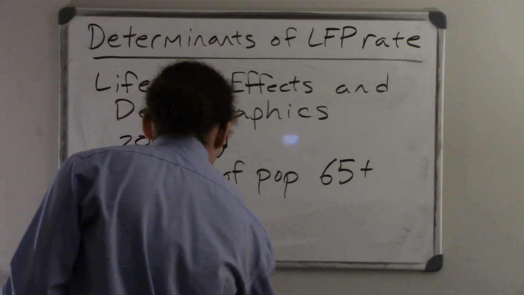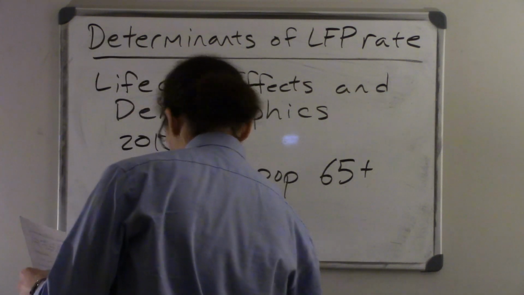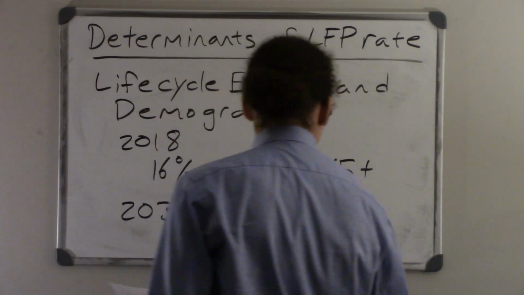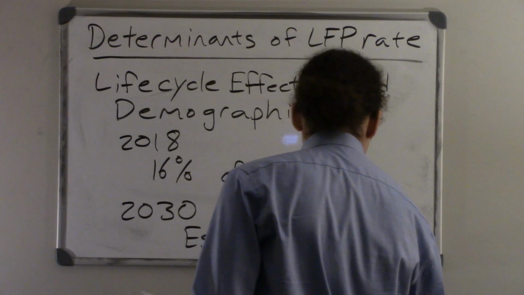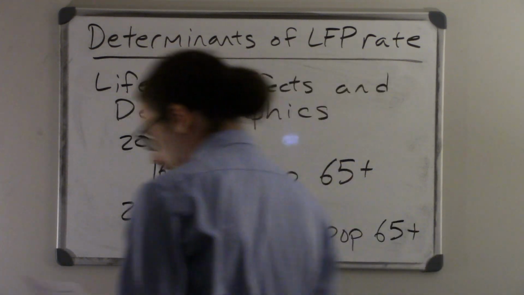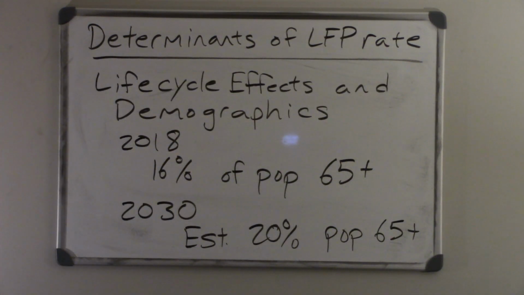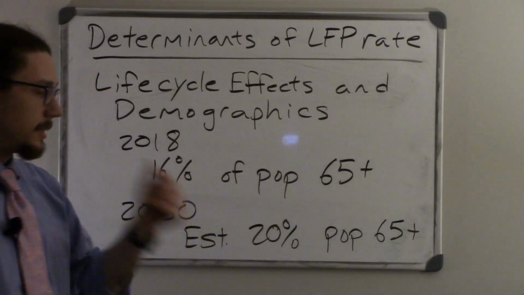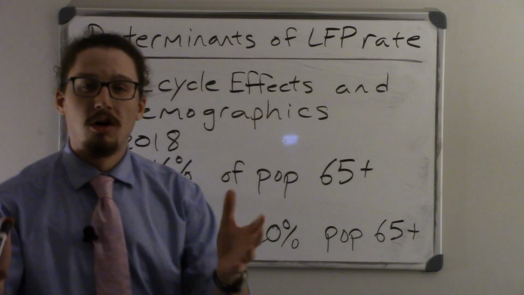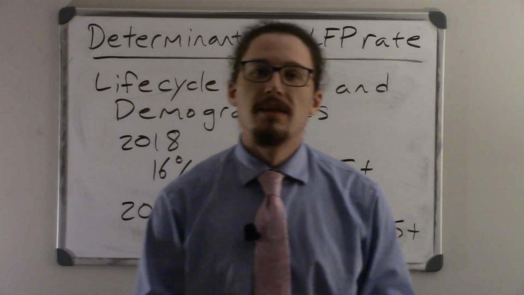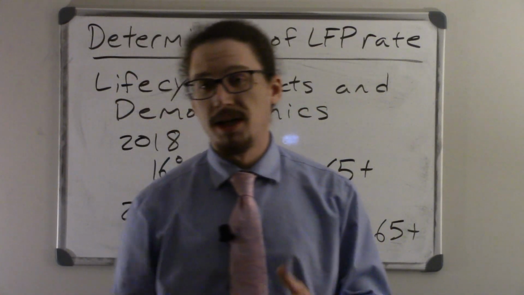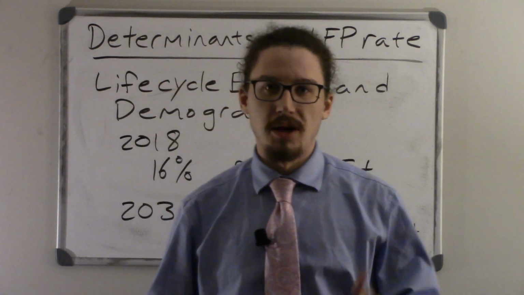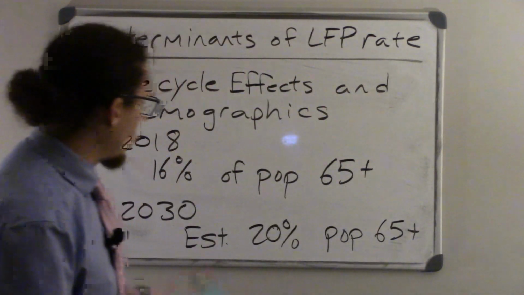In 2030, it's estimated that 20% of the population will be 65 years old or older. So really what we're getting at with this is we've got a very large portion of the population that is reaching retirement age, or will be reaching retirement age very soon.